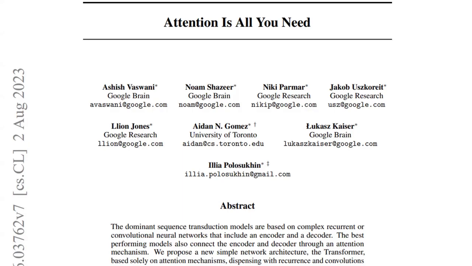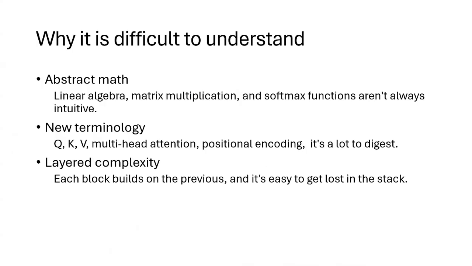Why? Because it uses very abstract mathematics like linear algebra, matrix multiplication, softmax functions. It also has some new terminology and concepts like how to generate QKV, multi-head attention, positional encoding, as we discussed before. And then there is layered complexity, multiple blocks: one block does something, another block does something, they communicate with each other, then produce the output.